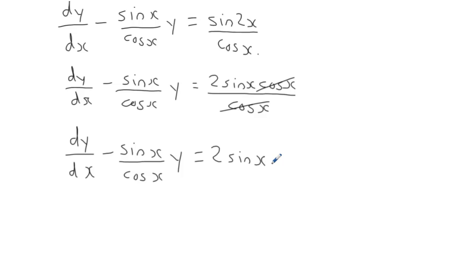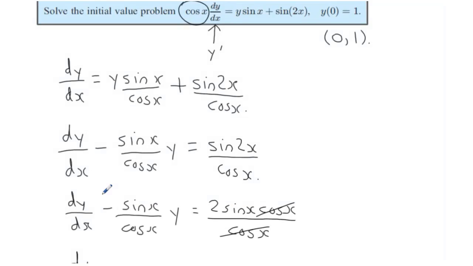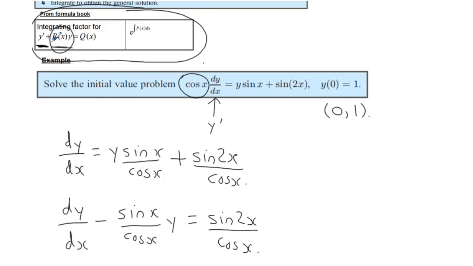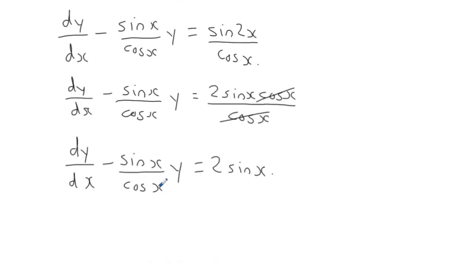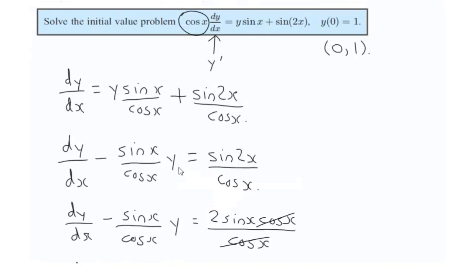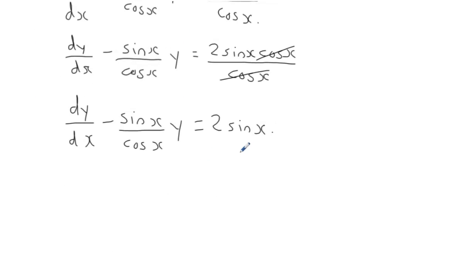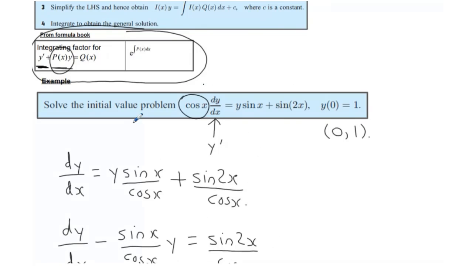Just to say again, dy by dx is our y dashed, p of x times y is our minus sine x over cos x times y, and q of x is our 2 sine x.